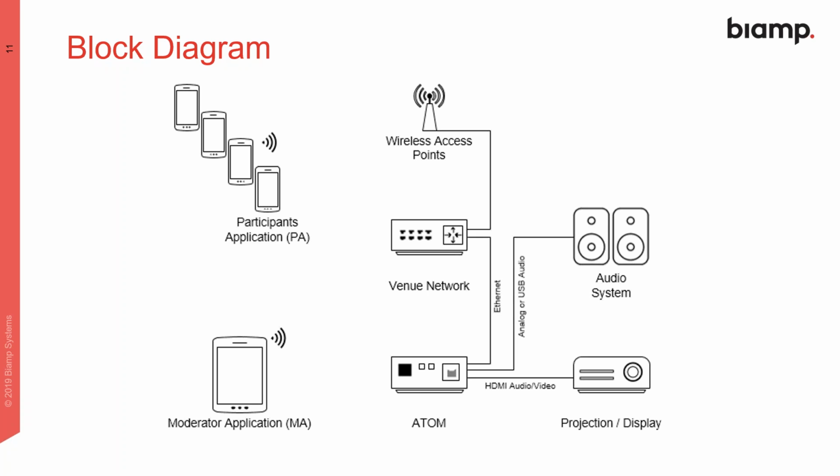And of course, then you will need another wired connection to the audio system here, either through analog or USB audio. And if you like, you can connect the HDMI outputs to your local video distribution system or directly to a projection facility or display. All of the mobile devices, like the participant smartphones, will connect through the wireless access point, and also the moderator application, if run on an iPad, will also connect wirelessly.